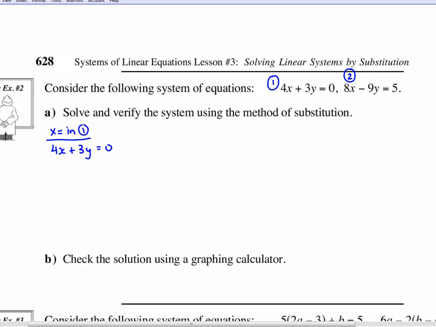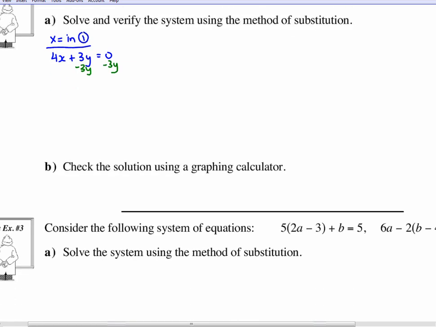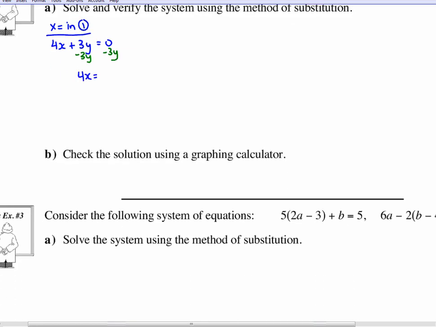So isolating x, first step. Minus 3y, we want to move the 3y, so we're subtracting it. 4x equals negative 3y, and then divide by 4.